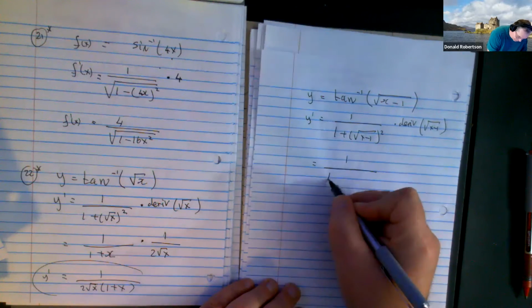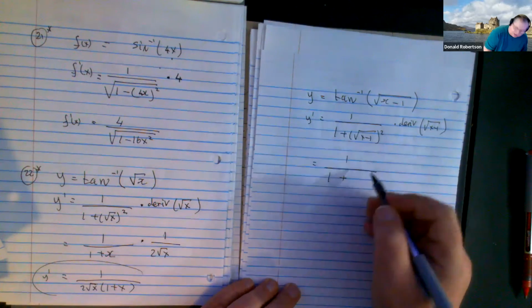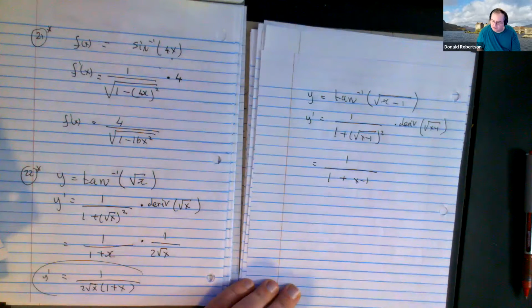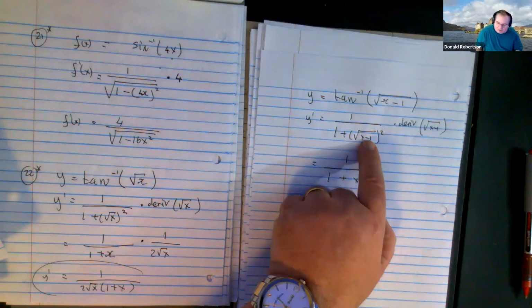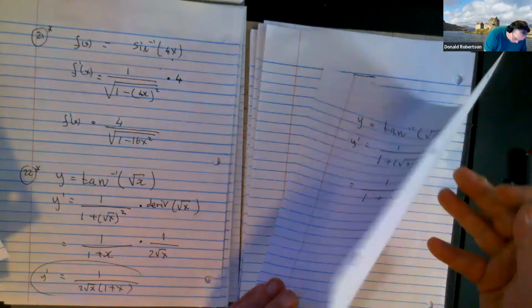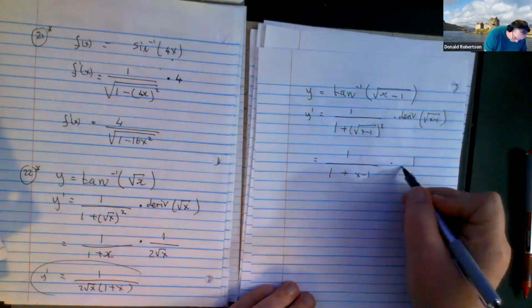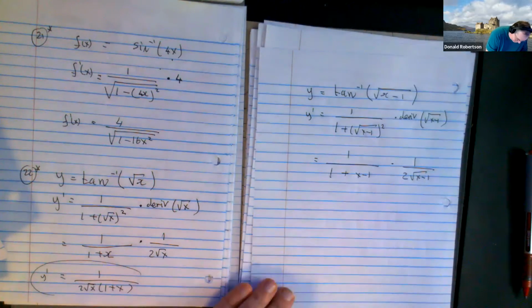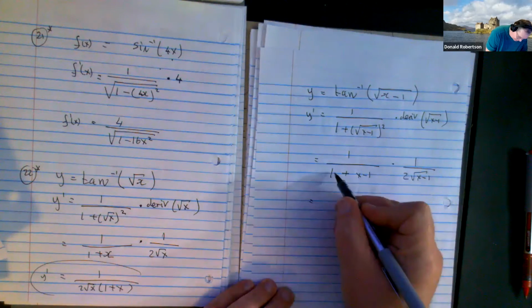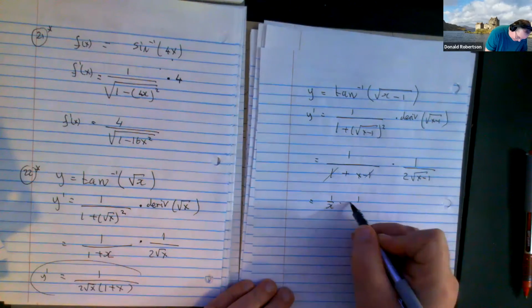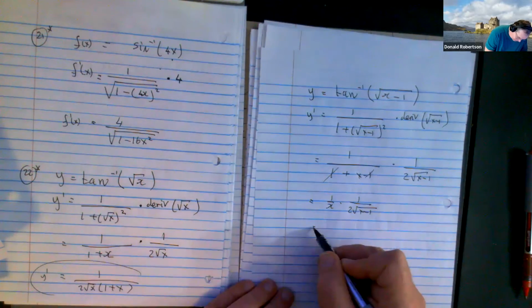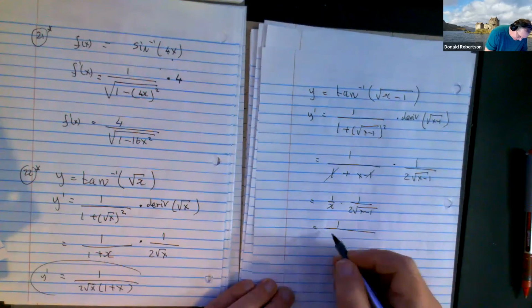If you take the square root of something and square it, don't you just get the thing? You happy with that x minus 1? Square root of x minus 1 squared gets you x minus 1. The derivative is 1 over 2 the square root of x minus 1. Well, wait a minute, don't they cancel out? So you've got 1 over x times this guy. And you can combine them because it's a multiplication. And we are finished.